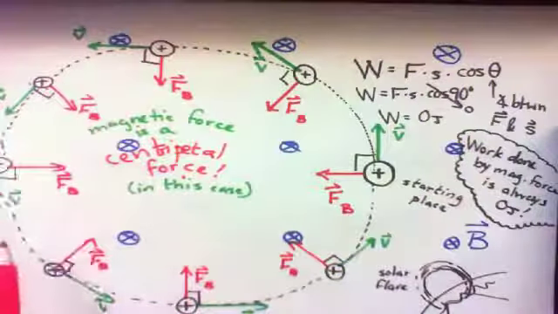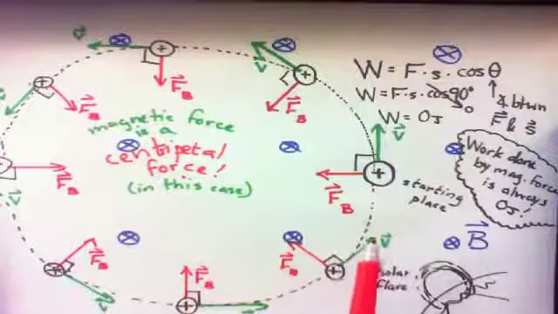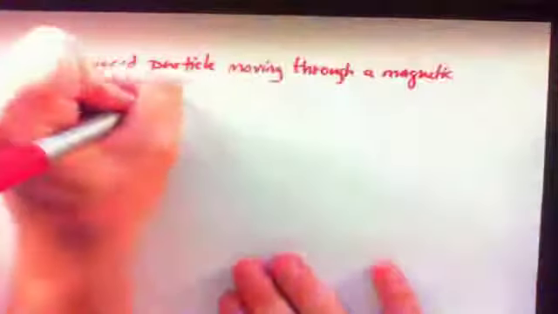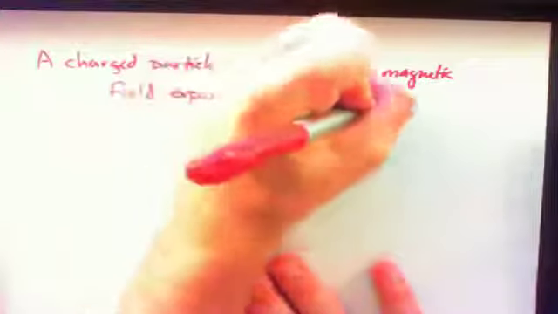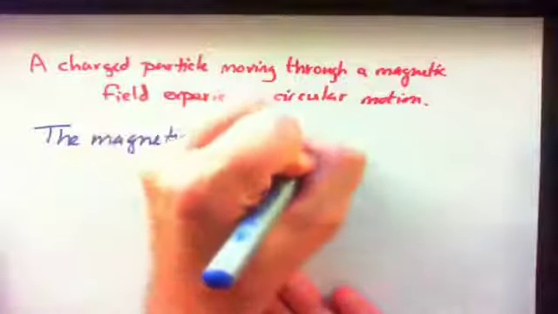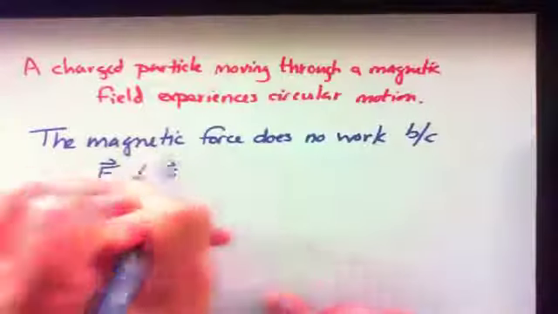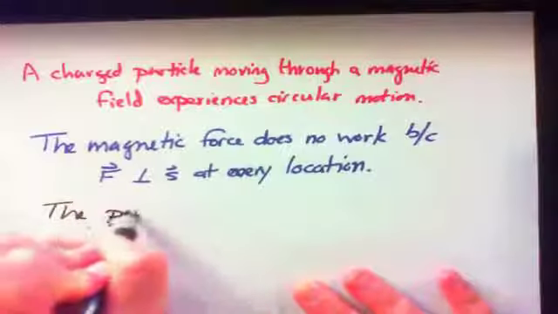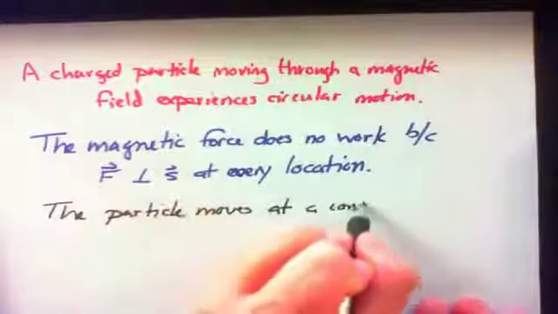As long as the magnetic field is constant, the speed is constant. So, 3 big points. If you have a charged particle moving through a magnetic field, the charged particle will experience circular motion. The magnetic force does no work because the force and the displacement are perpendicular at every location on the circle. And the particle moves at a constant speed throughout its path.